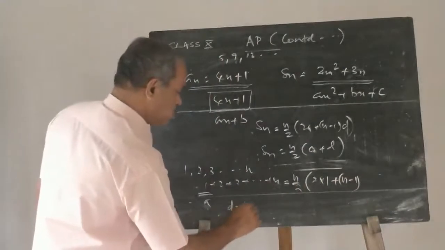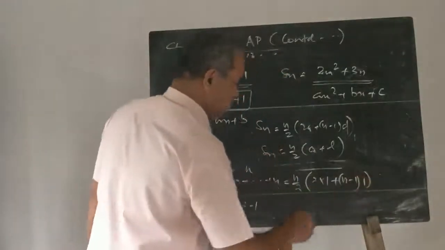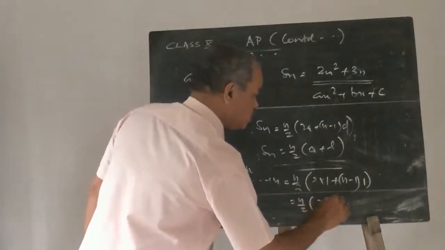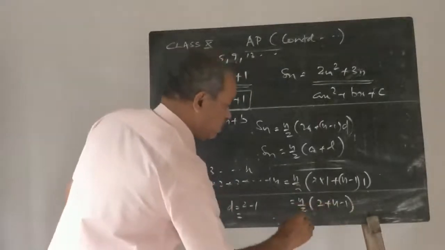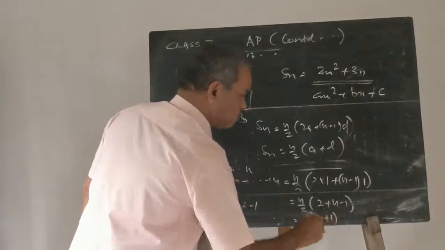d means 2 minus 1 or 3 minus 2 etc., which is 1 also. Equal to n by 2 into 2 plus n minus 1, equal to n by 2 into n plus 1.